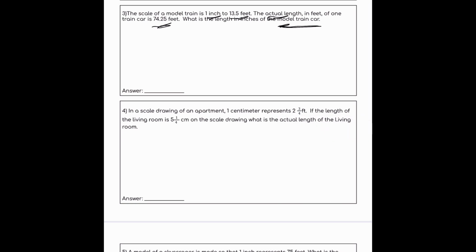Okay, keyword, model train car. All right, so again, scale over actual equals scale over actual. I'm just going to abbreviate. You guys could abbreviate as well. All right, so the scale factor was 1 inch over 13.5 feet.